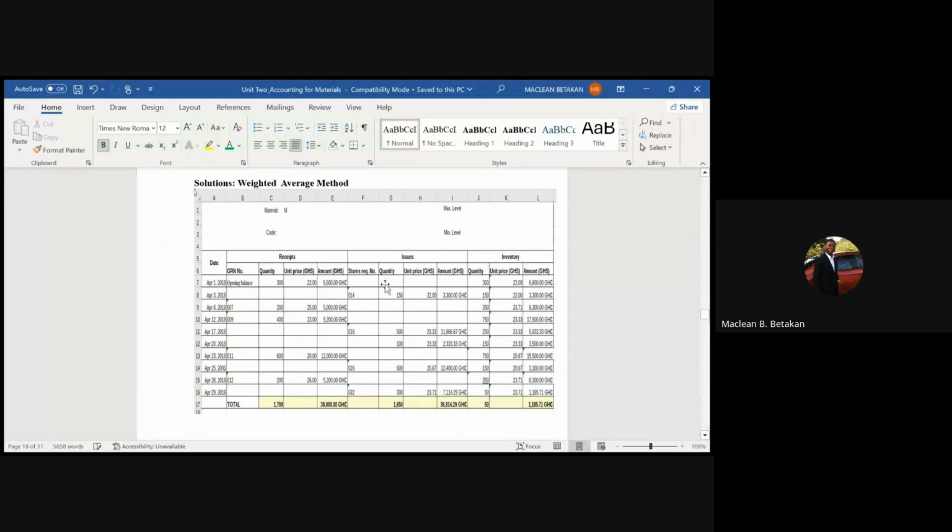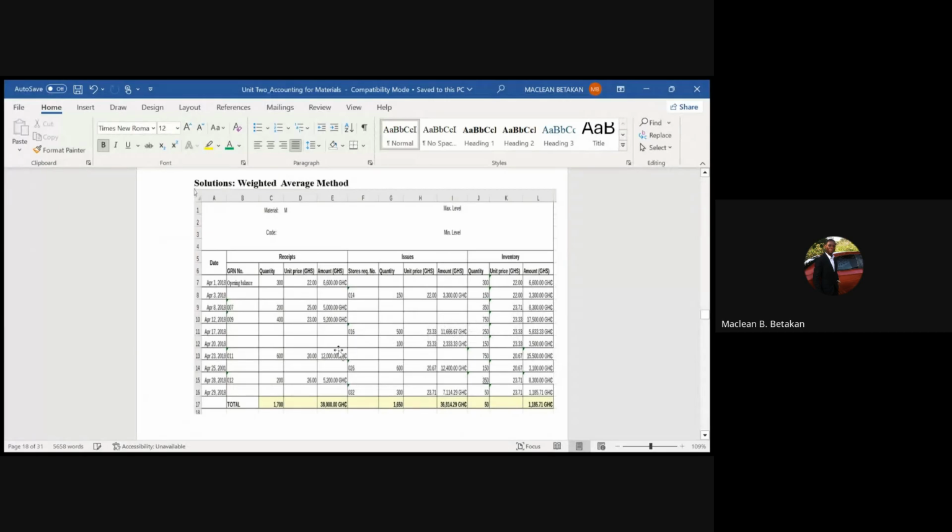So that is what you have. And the next day, if you are going to issue, you are issuing 500. Now you're having 750. So if you are issuing 500, you just issue the 500 based on the weighted average price of 23.33. Right?